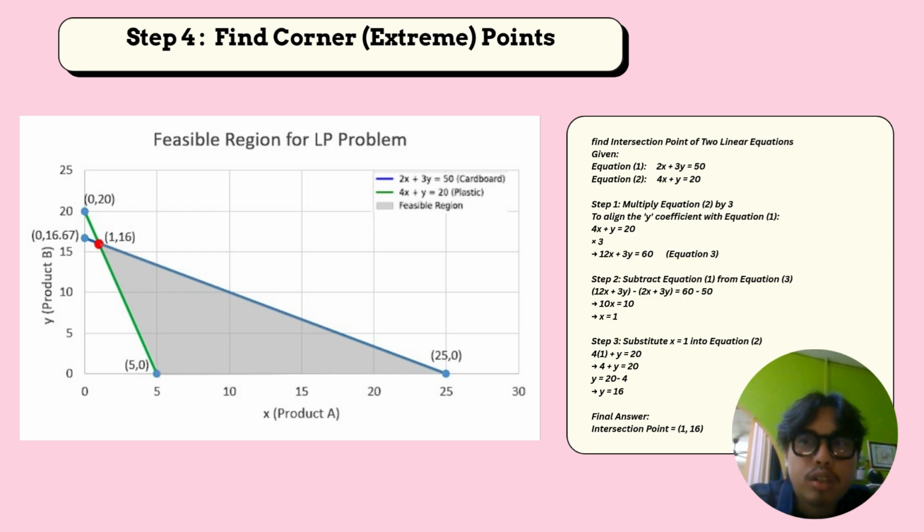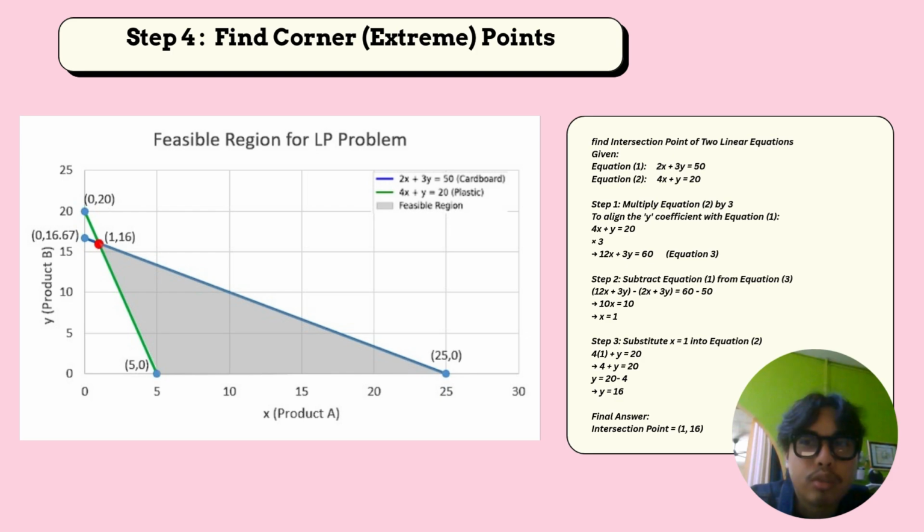Then to find the intersection point of the two lines, we solve the equations step by step. First, we multiply the second equation by 3, so 4x plus y equals 20 becomes 12x plus 3y equals 60.